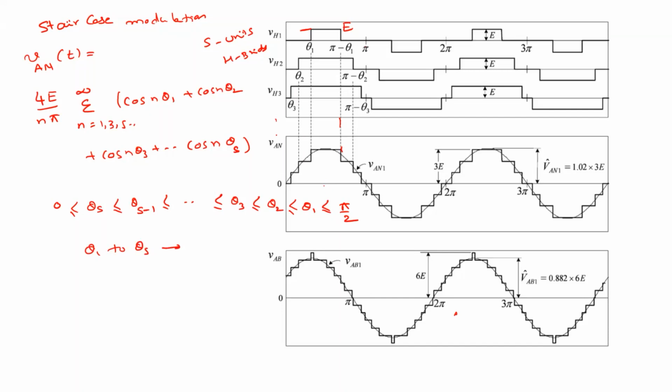Similarly, as we discussed in selective harmonic elimination, we discussed the modulation index MA. Here you can see this is the stepped waveform or the staircase waveform, the phase voltage. How can this modulation index be defined as MA?